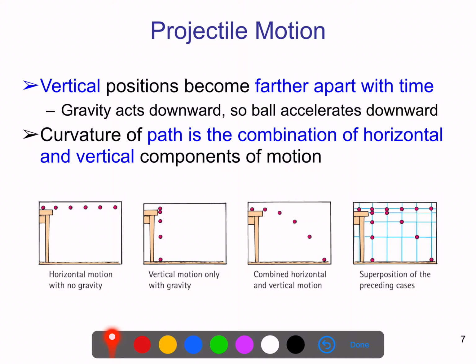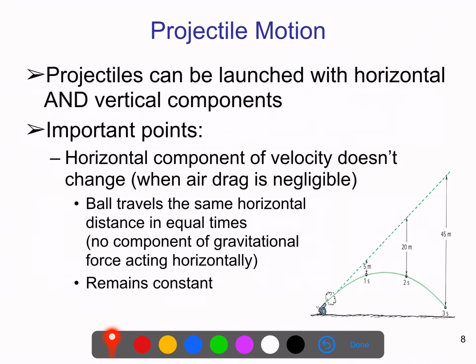If you simply hold the ball at the edge of the table and drop it straight down, you have this. But in the real world, there is gravity, so if I roll the ball off the edge of the table, instead of dropping it, I will get some curved path, which is really just a combination of these two components, vertical and horizontal.